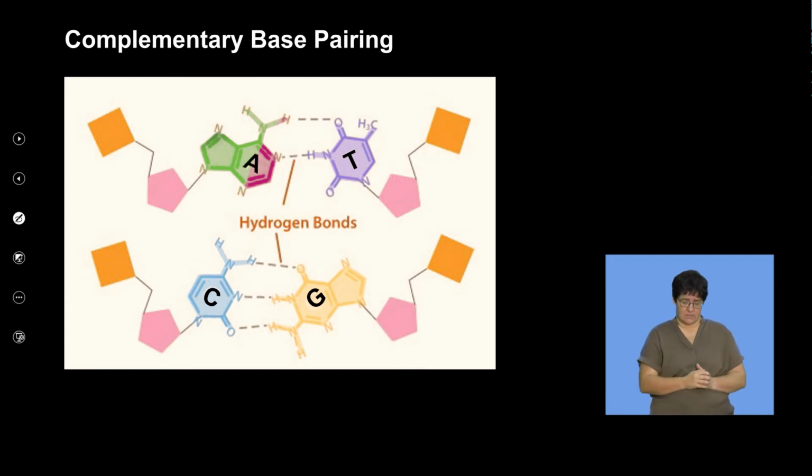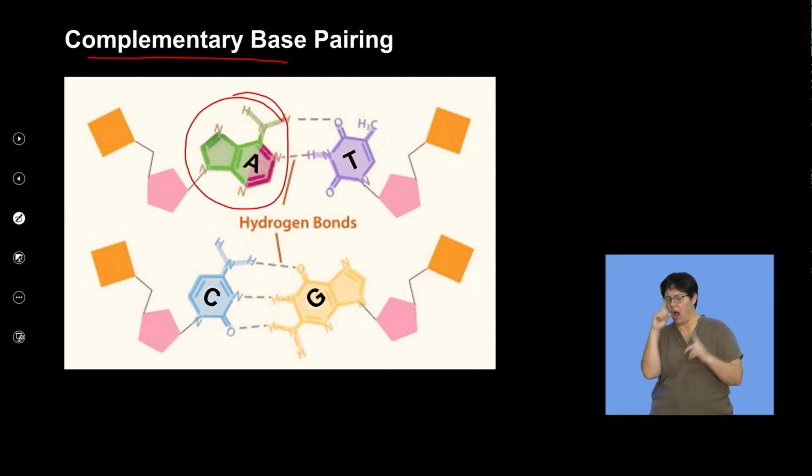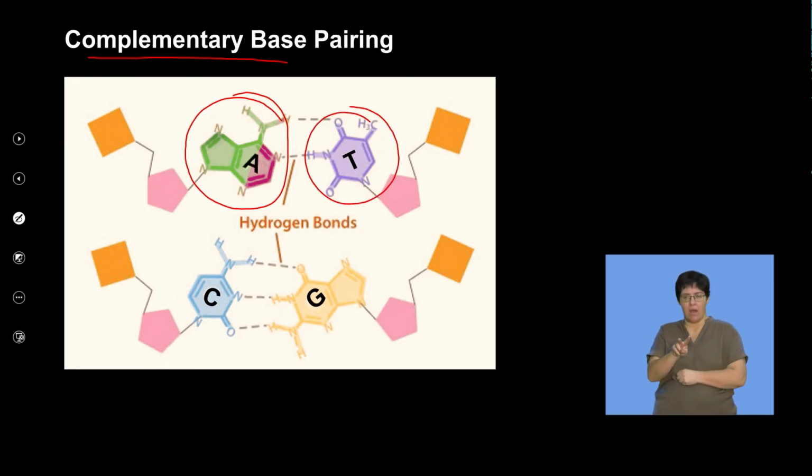Now guys, here's the chemical structure showing you complementary base pairs. What I need you to understand is that, yes, this is important in terms of understanding the complexity behind the chemical structure of adenine, but more especially, it's for us to understand that in any complementary base pair which we see here, there's always a purine and a pyrimidine base connected together.